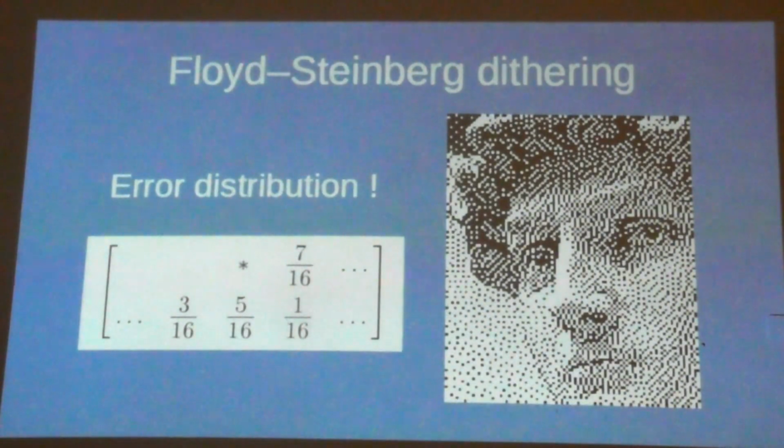You could almost say it's a brute force approach, because the global error of the image is improved over time, and I typically do about 10 times the number of pixels in iterations. So I recompute the whole image 10 times, and it mostly stabilizes, and the image doesn't change much after that.